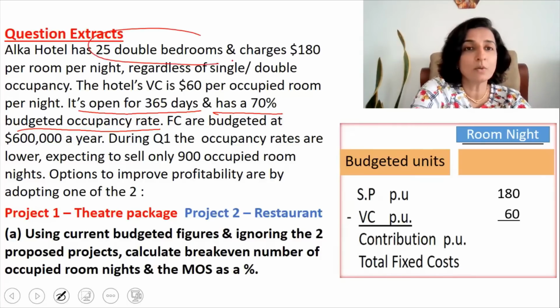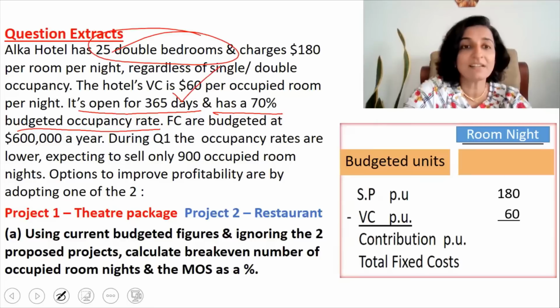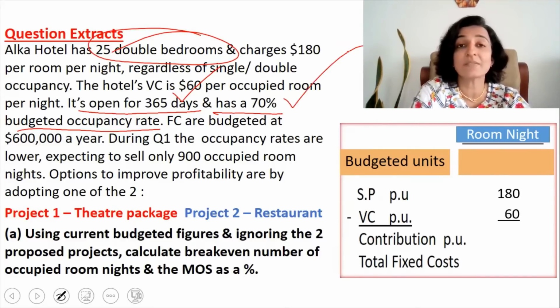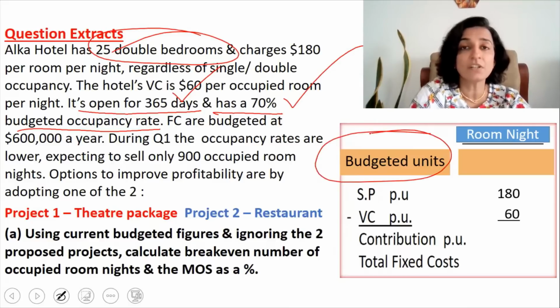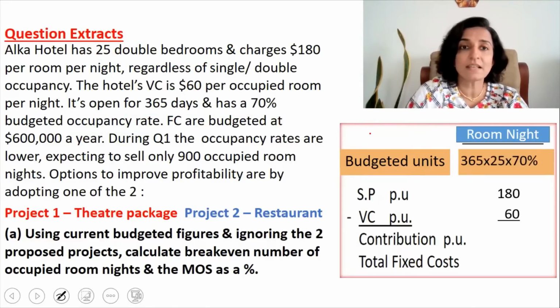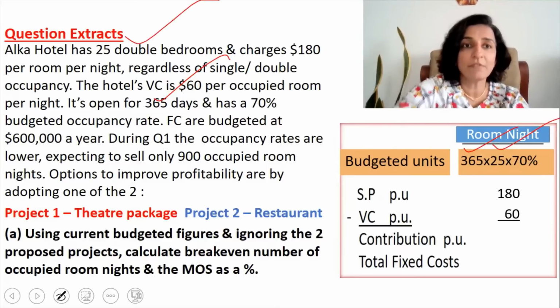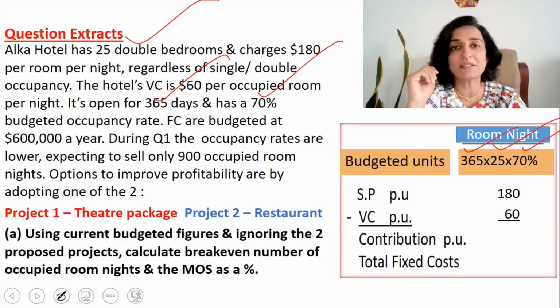We know that there are a total of 25 double bedrooms, working for 365 days, and the budgeted occupancy rate is 70%. So budgeted units is 365 days multiplied by 25 bedrooms multiplied by 70%, the occupancy rate. That's the budgeted number of room nights.